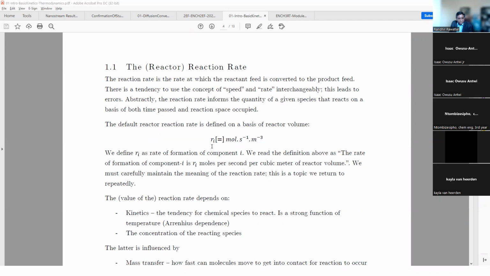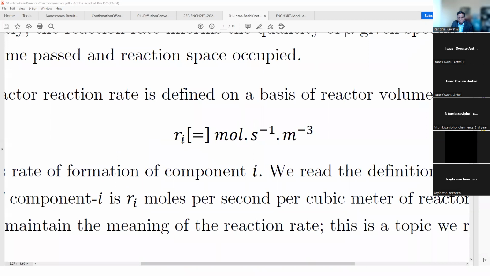And so this rate R sub i, we think of that as the rate of formation of component i. And the basis of this is moles per second per cubic meter, right? That's the default definition of a reaction rate. And there are other definitions that we'll encounter as we go.